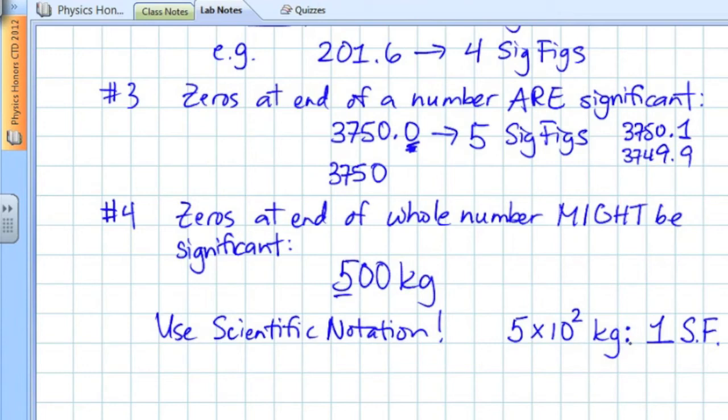Okay, but let's say we were a little bit more accurate and it could have been 490, it could have been 510, so then we could write 5.0 times 10 to the second kilograms. Well, that's got two significant figures.